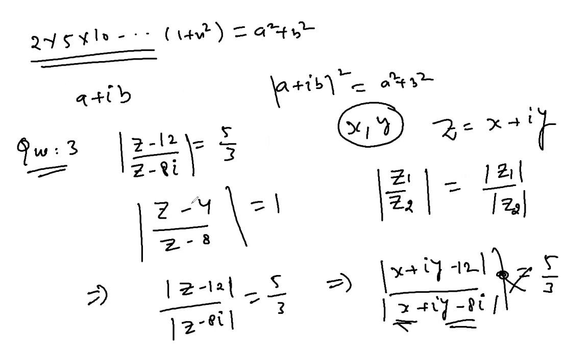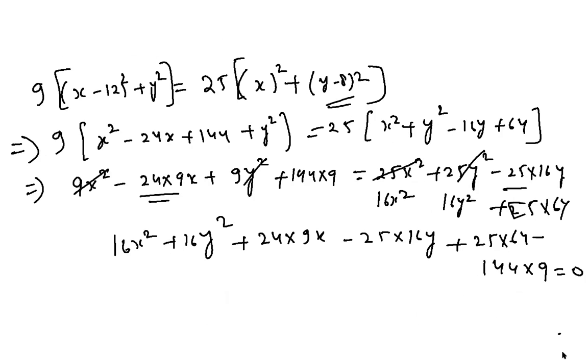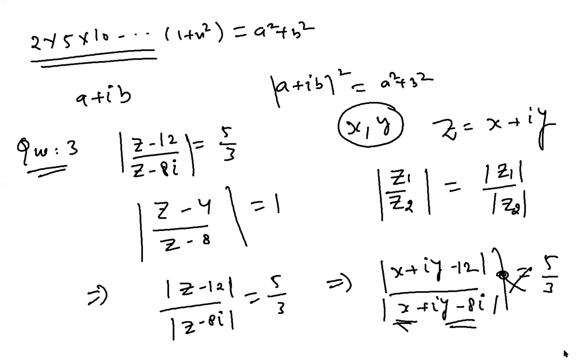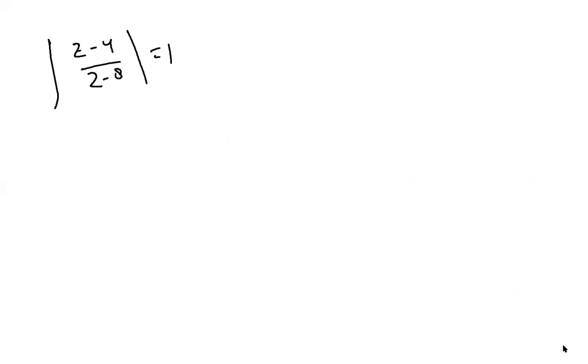So this was z minus 4 divided by z minus 8 equal to 1. That's what we have. So similarly it can be written as modulus of z minus 4 divided by modulus of z minus 8 equal to 1.